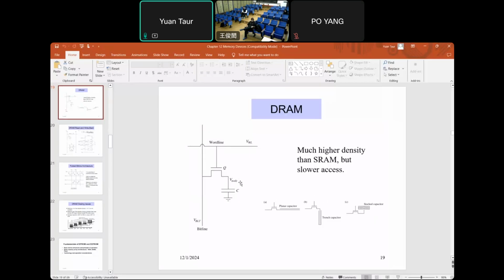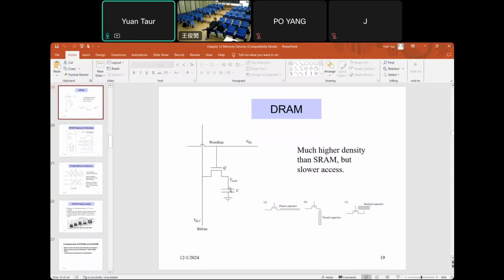All right, so it's very simple. The word line connects to the gate of that transistor, and the bit line is either the source or drain. Let's say it's the drain. The source is connected to a capacitor.